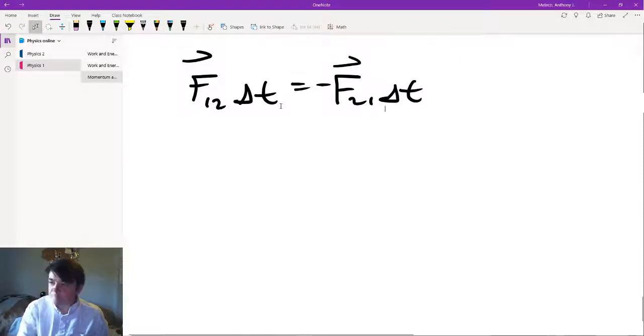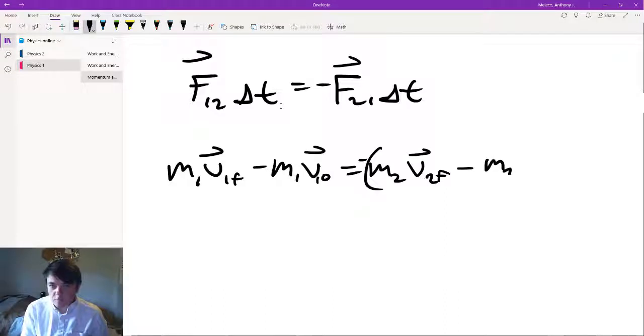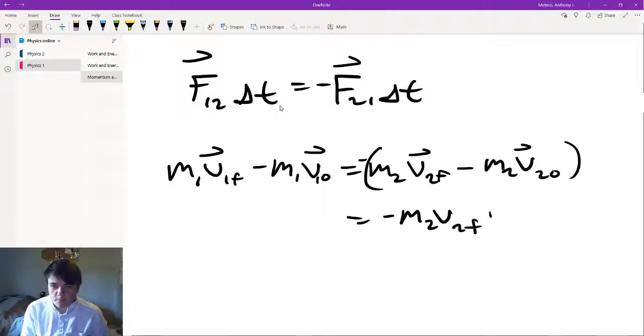And if we plug this in, m1 v1 final minus m1 v1 initial equals negative m2 v2 final minus m2, sorry, I have to get all the subscripts right, gotta focus. And so what we can do then is apply this minus sign: minus m2 v2 final plus m2 v2 initial.